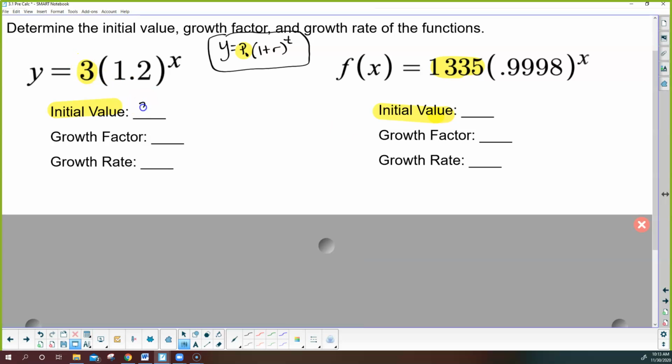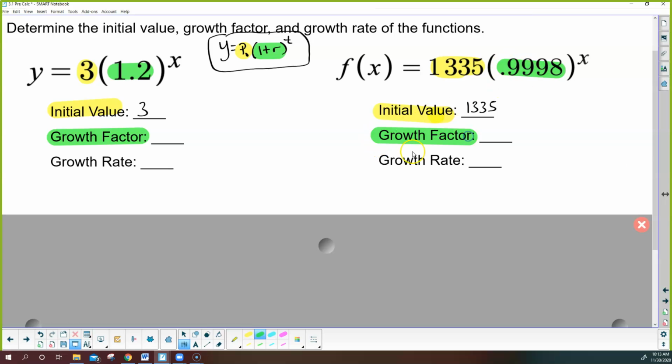We started with $3, or maybe it's 3 people, right? And in this case, we started with $1,335. Okay. Now, then we have to look at the growth factor, and that's the 1 plus r. Whatever's in the parentheses is my growth factor.